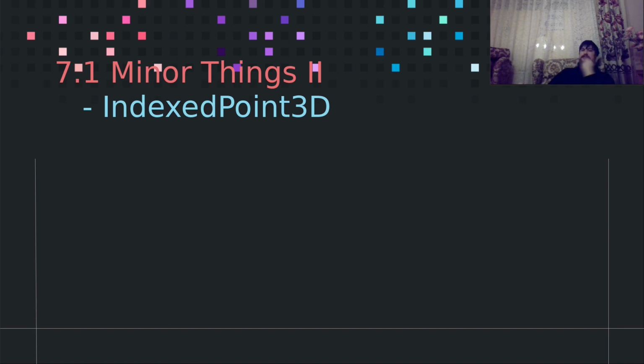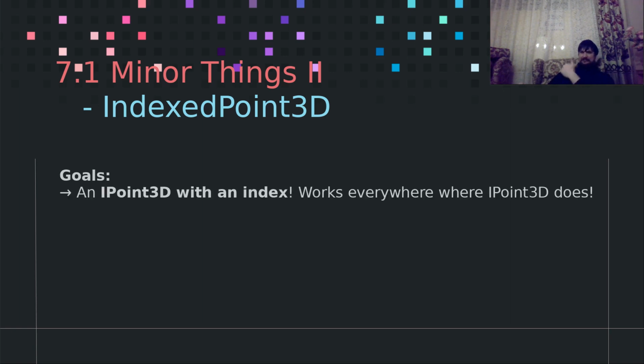It's also good to know about, and this is more of a building block, IndexPoint3D. What it is, it's just an IPoint3D, so an X, Y, Z, and it also has an I. And what is I? It's an index. So it works everywhere an IPoint3D does. All algorithms accept this and give back the reference for it.